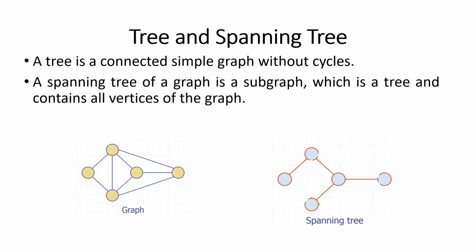A tree, as we have already seen, is a graph which has no parallel edges, no self-loops, has all the vertices connected, and is without any cycles.